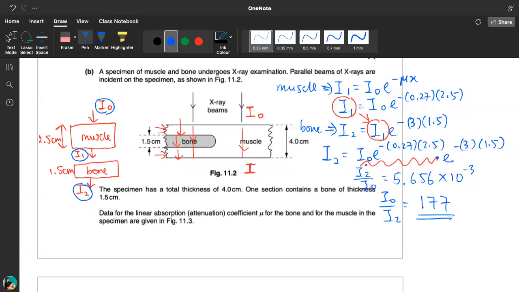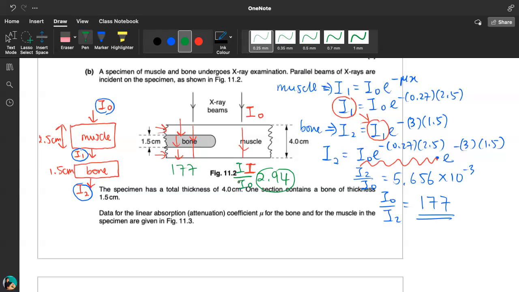Now number 2 says, using your answer in 1, suggest and explain whether the X-ray image of this specimen is likely to have good contrast. Okay, so from only the muscle, our fraction is 2.94. And from here with the bone, our fraction is 177. Again, what does this value mean? You look back at what you calculated: a fraction of the emerging over the incident.